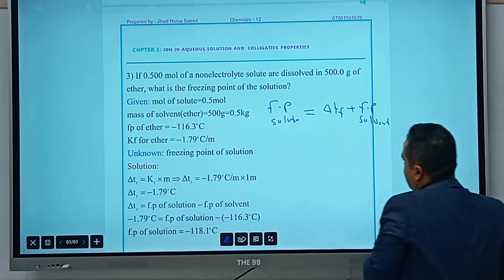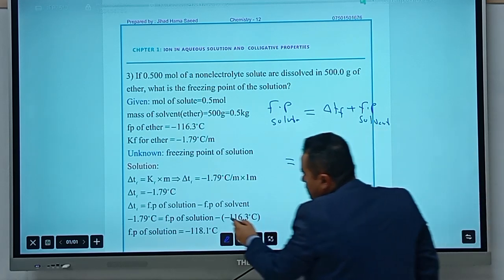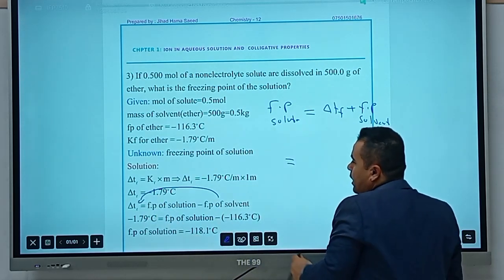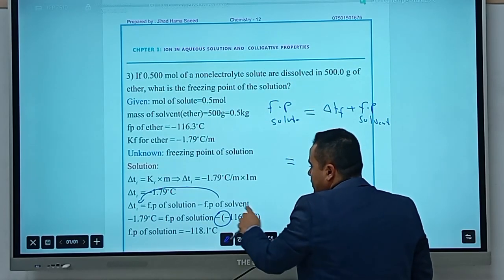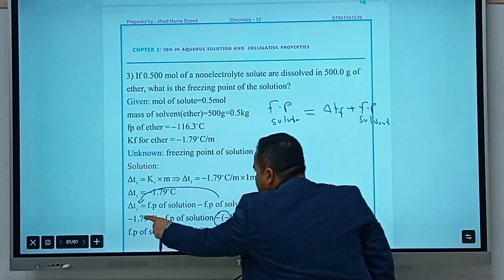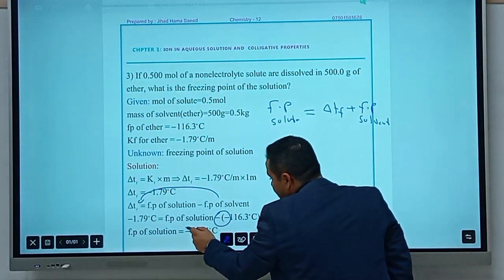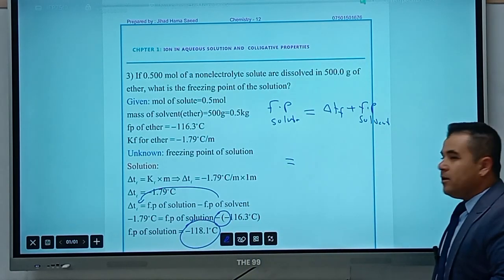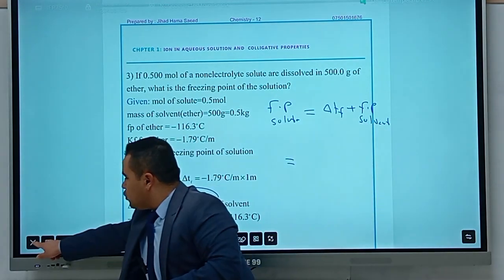So guys, when you take it to the other side, it will be positive freezing point of solvent, and then negative multiplied by negative is positive. This results in minus 118.1 Celsius, which is the freezing point of the solution.